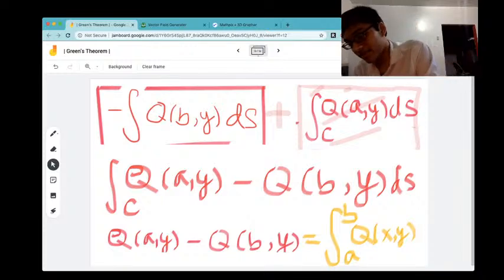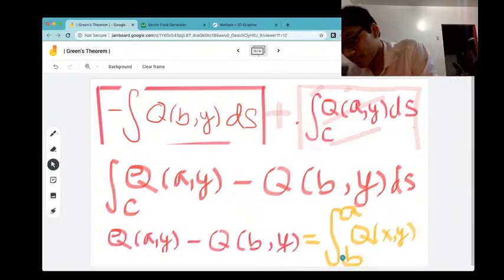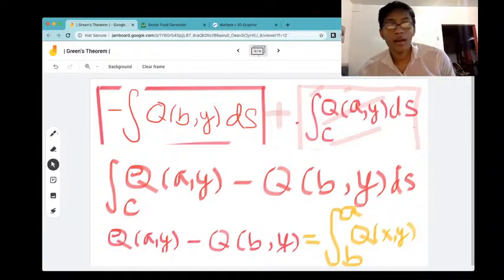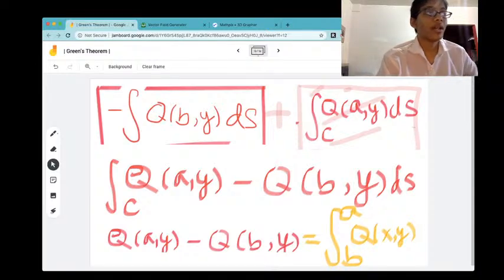Sorry, from b to a. I should have switched it around. Right, does that make sense? So the integral of q of x comma y from a to b is going to be quite simply the difference of q of a comma y minus q of b comma y.